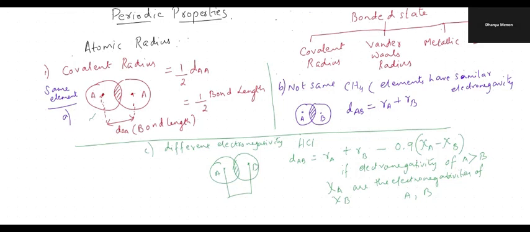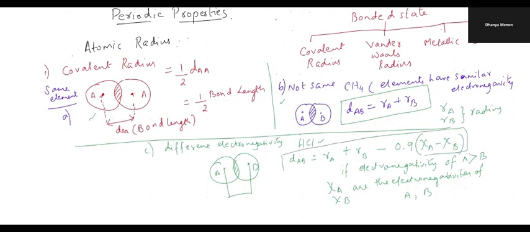In case the atoms are not the same, where the elements are not the same, then we have two cases. In the first case, where the elements have similar electronegativity, we just have to add the radius of A and radius of B, where RA and RB are the radii of A and B. And in the third case, where there is an electronegativity difference, like the case of hydrogen chloride, there's a small formula which you need to memorize.